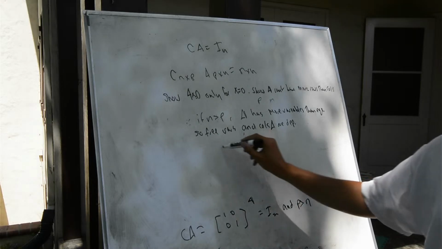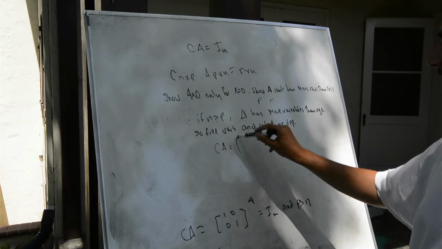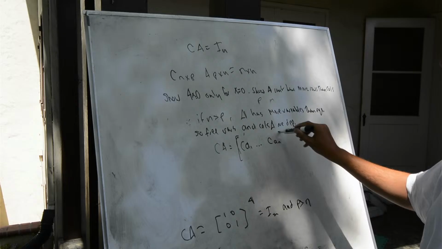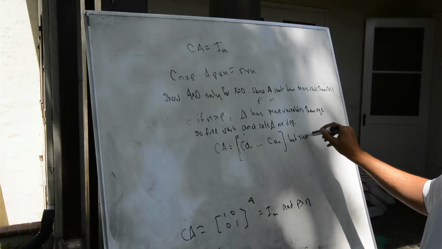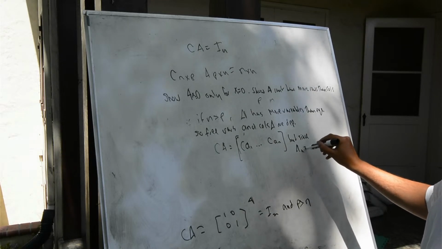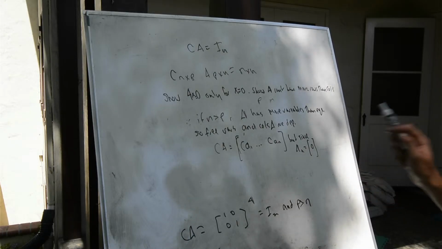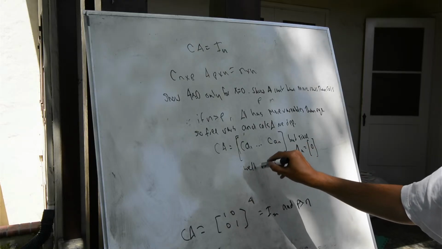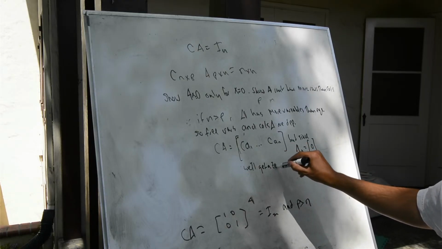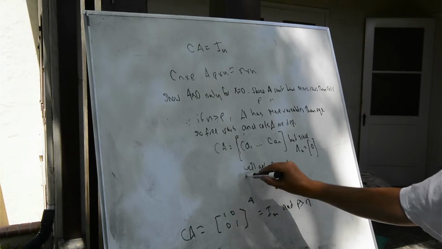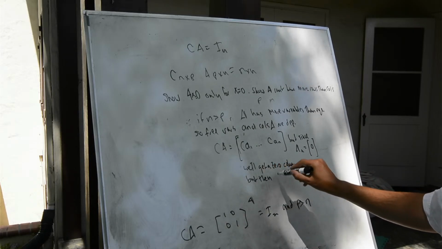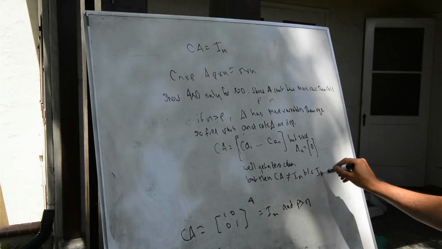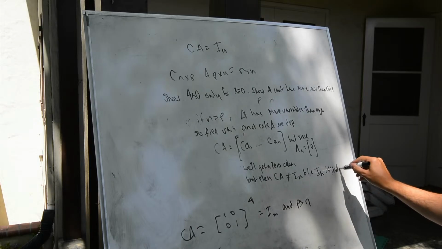So then CA is going to be equal to CA1 through CAN. But since AN is the zero vector, we're going to get a zero column. But then CA is not equal to I_N because I_N is independent. All right, that's my solution.